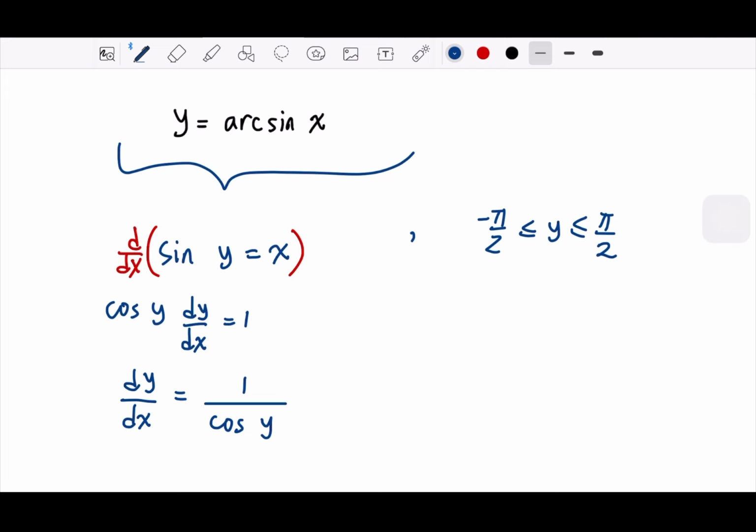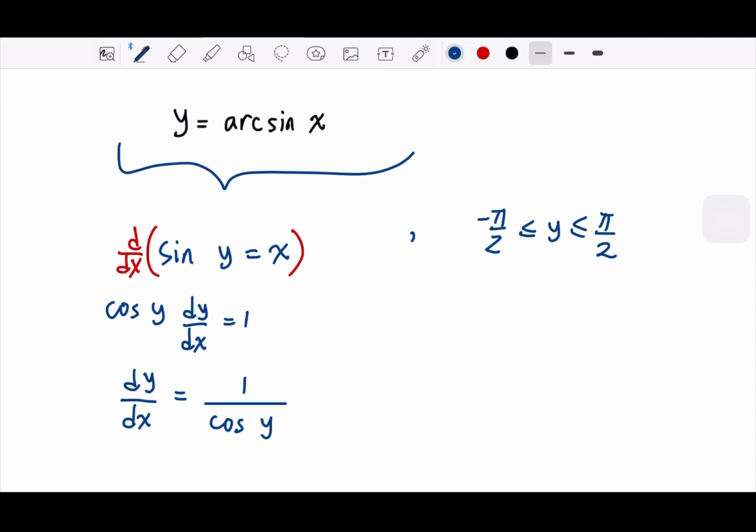If we want to replace it with x, then we need to tell how this y relates to x. Remember that sine y is equal to x. The easiest way to follow this, because we have a certain angle as its domain and range, is to think of the inverse of trigonometry inside a triangle.